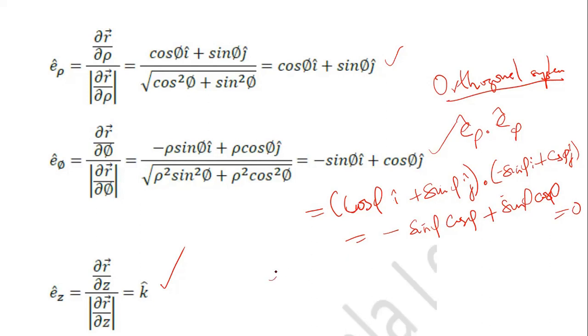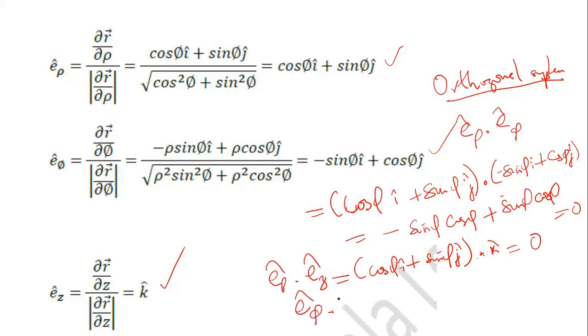Now, if you take the dot product between E rho and Ez, E rho is what? Cos phi i plus sin phi j dot your Ez, which is k. So i dot k is 0, j dot k is 0. This is also 0. And similarly, you can see that E phi dot Ez, this would be minus sin phi i plus cos phi j dot product with k.